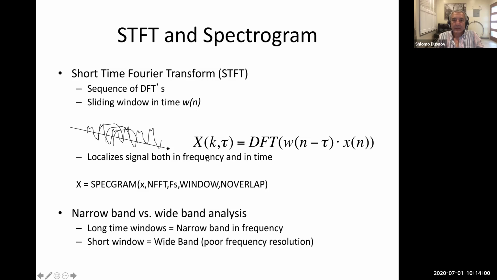You have the original DFT with index k, the frequencies. And to keep in mind or remember where in time we took that window, this is tau. So this is what we get as a two-dimensional matrix, X of k and tau. So it localizes the signal both in frequency and in time. And this is what a spectrogram is. If you run spectrogram, I think here I was using still a notation from MATLAB. So you have a spectrogram.